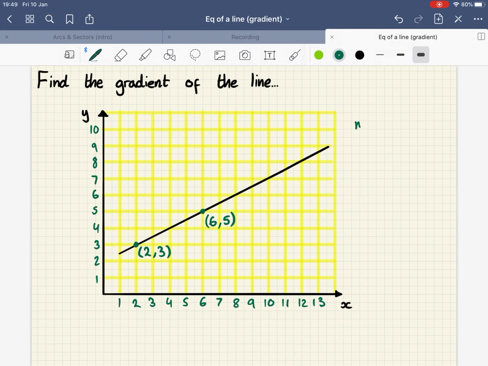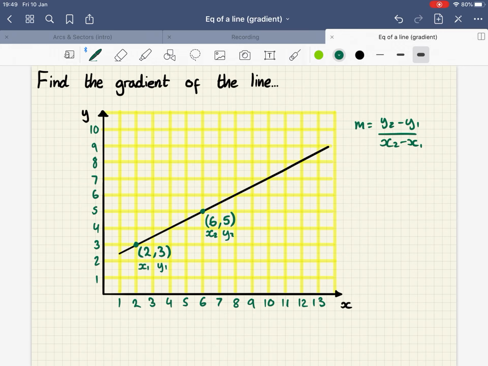So doing my formula, m equals y2 minus y1 all over x2 minus x1. That's my first set. Here's my second set. And it doesn't actually matter which way around it is. I could do it the other way. That is totally fine.